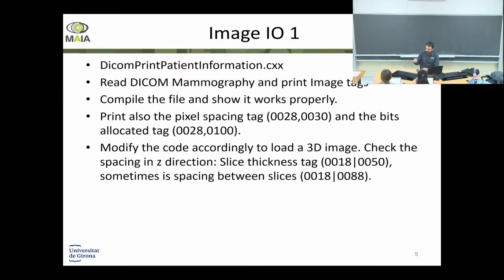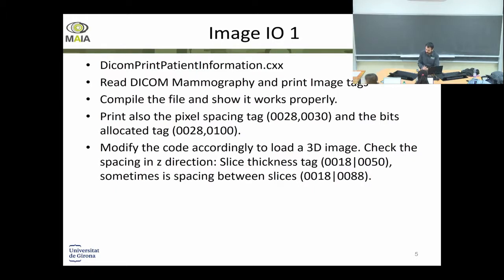So you'll see that it's already, in this example, you already can check some of the tags, okay? So the first thing you have to do is compile and show that it works properly, and then add some modifications, very small ones, that I would like you to print the pixel spacing tag and the bits allocated tag to see that it makes sense or not.